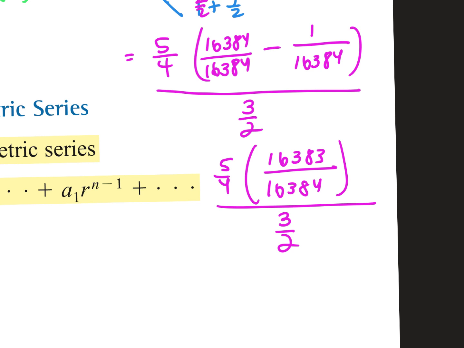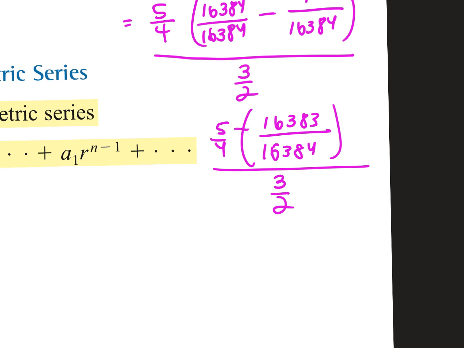Can we simplify anything? You guys have a calculator, so don't freak out. If you can't simplify, cross cancel, just multiply across. What's 5 times 16,383? Just multiplying right here.